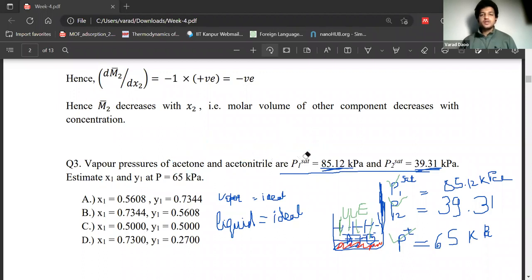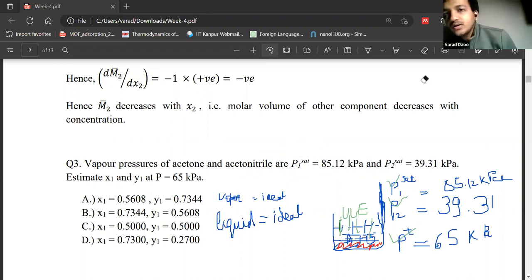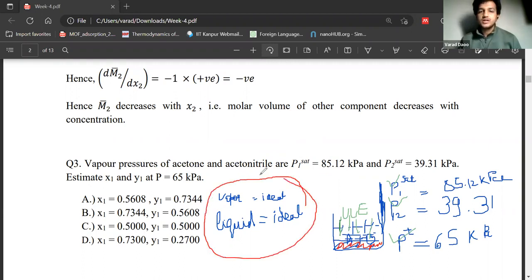I'll give you a couple of minutes to try the question. I hope the question is clear to everyone. If it is not clear, you can ask. And for those doing the calculation, remember to take vapor and liquid both as ideal.